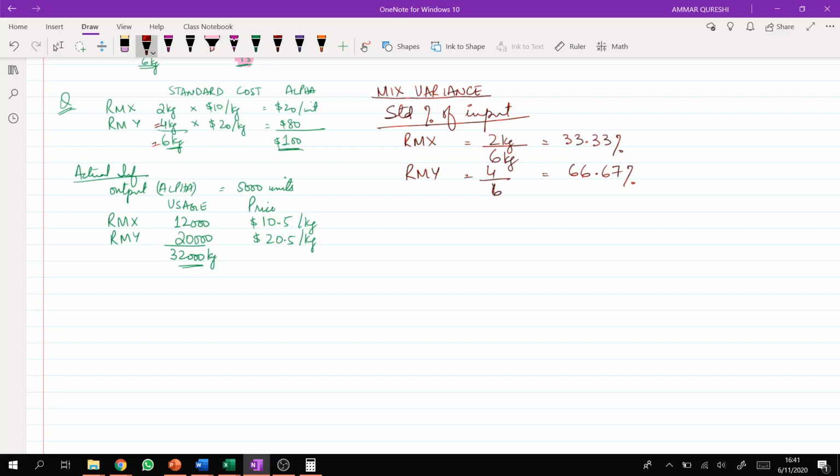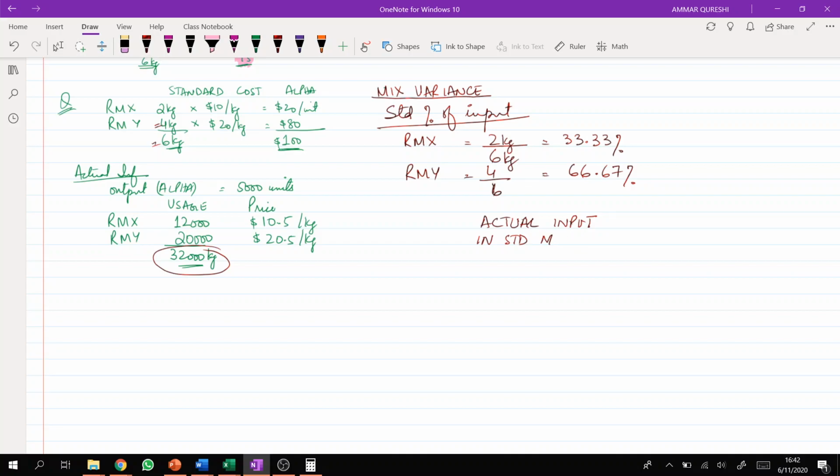Now, let's see what actually happened. We actually made an input of 32,000 kilograms of raw material, right? So let's try to make another chart. First of all, we have to calculate actual input in standard mix.